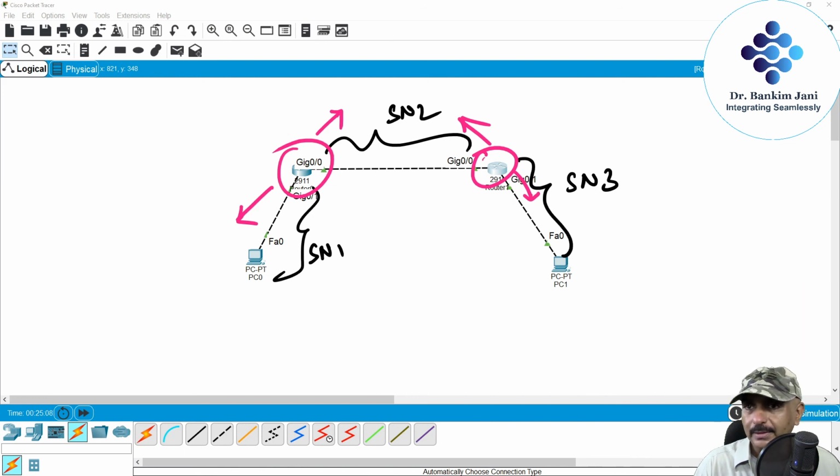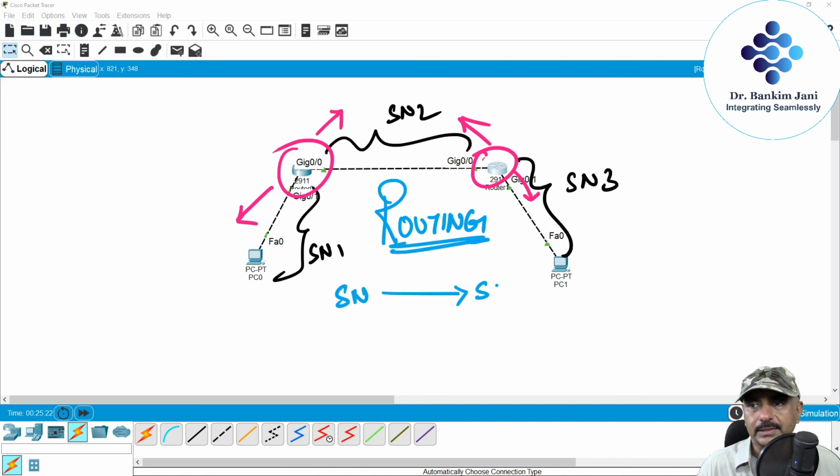So none of them will be communicating with each other unless you do routing. So routing is when subnets talk with each other. When subnet 1 talks with subnet 2 and vice versa, then it is called routing.